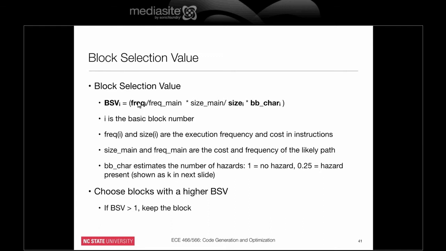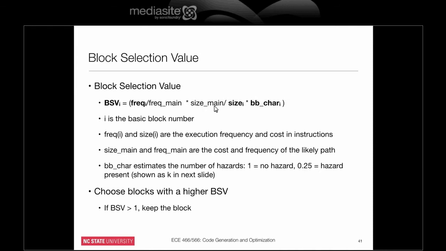So if the frequency of the block divided by the frequency of the hyperblock is really close to 1, if their frequencies are the same, then this number will be bigger, close to 1. But if the frequency of the block is really small compared to the frequency of the hyperblock, then it's not executed often and it's just overhead, so this will be a low value. A low value we can interpret as creating overhead and not being good, whereas a high value we can interpret as executing a lot and being very good. So in general, we want this number to be bigger.